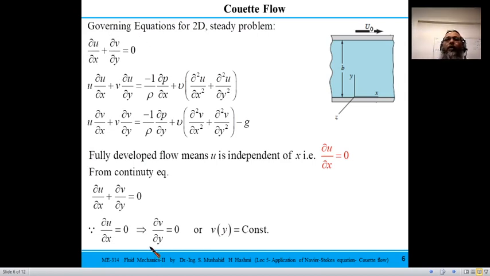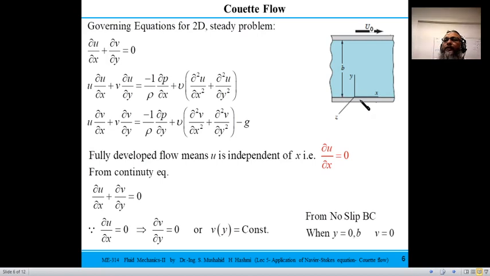Further, you learn that the velocity component in y is no more changing with y as well. So the y component of the velocity, which is some function of y, is constant, because the derivative of a constant is 0. For the bottom plate, the layer of fluid in direct contact with it is stationary.